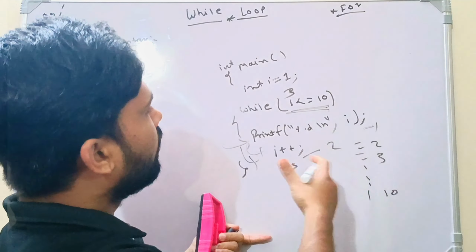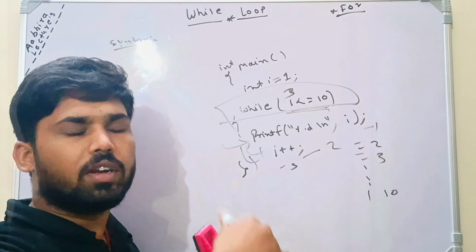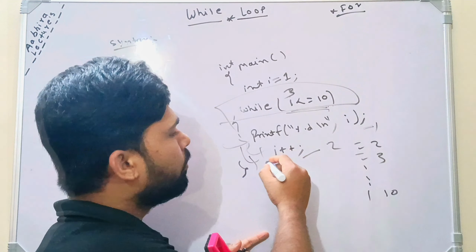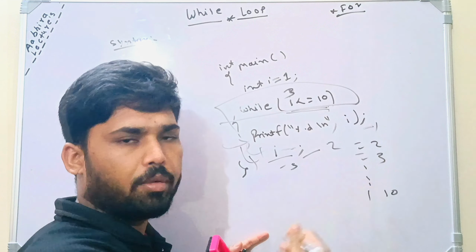So this is the while loop. Here we give the condition. If the condition is true, then it executes the statement, that is the while loop. And you can give an increment or a decrement also. If you give minus minus, then decrement will happen.